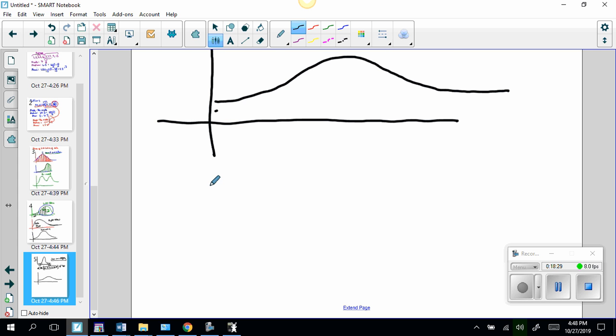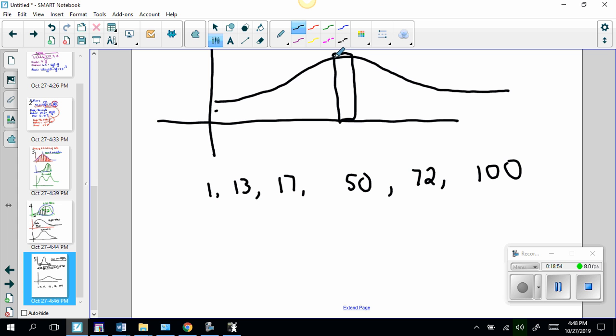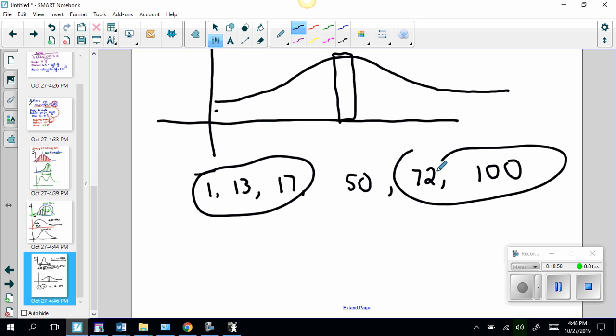You know, like you got 1, 13, 17, 50, 72, 100. Lots of space, a lot of variation. If we found the average, let's say the mean is somewhere in here, then these guys are a really long way away from the mean. Therefore, we say it has high variability.